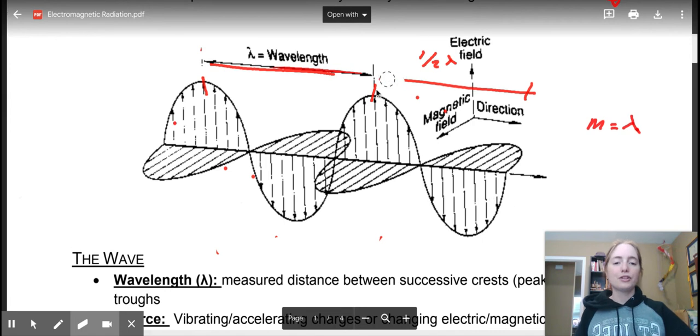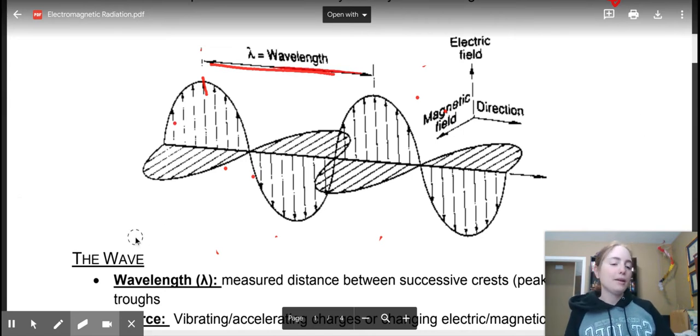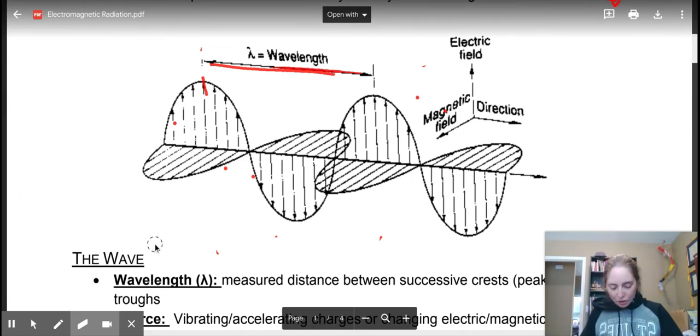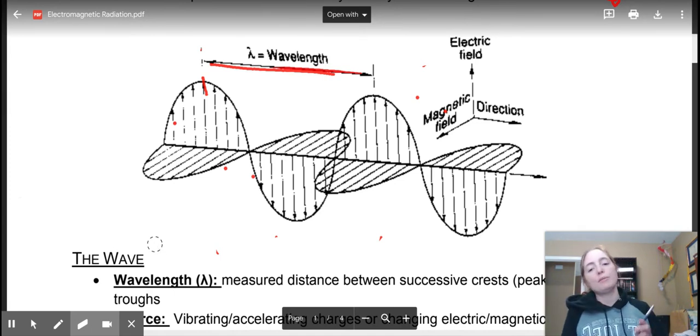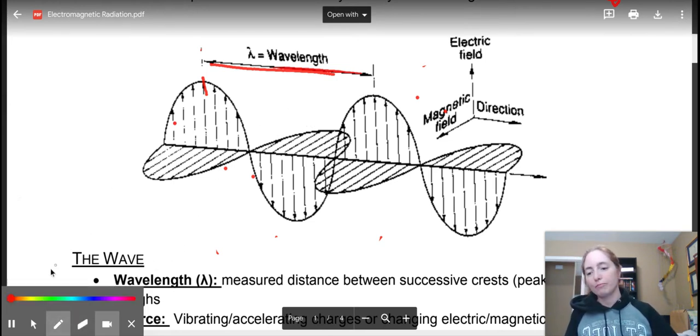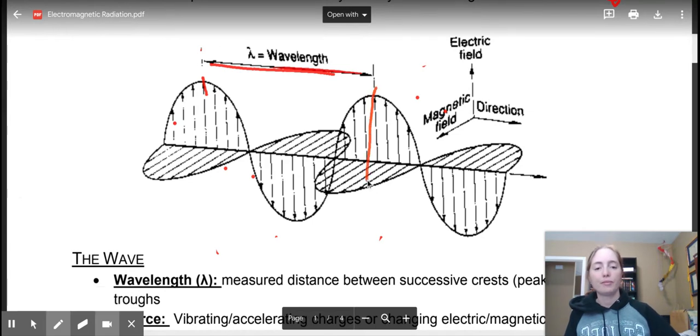Okay, now let's look at period. Now, the definition of period, this is the inverse of the frequency. It is the length of time it takes for one wavelength to pass a certain point. So if we take the wavelength starting from here and ending here, the time it takes from the start here to the finish here to go past this point here, that is going to be the period.